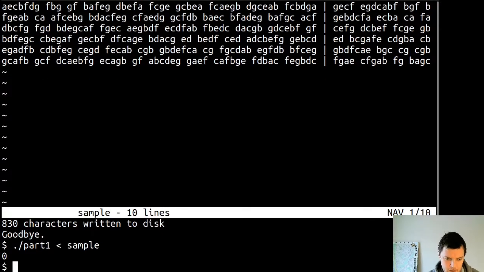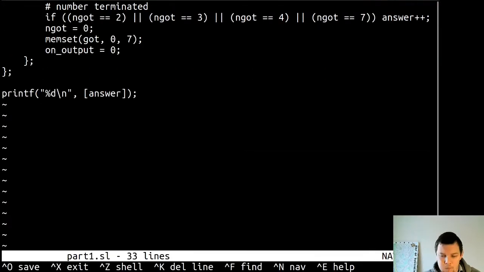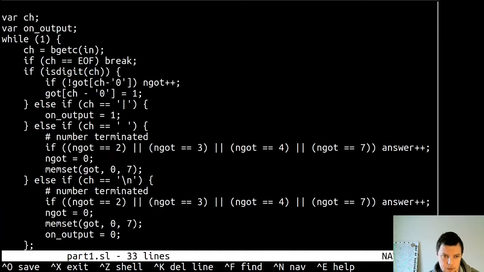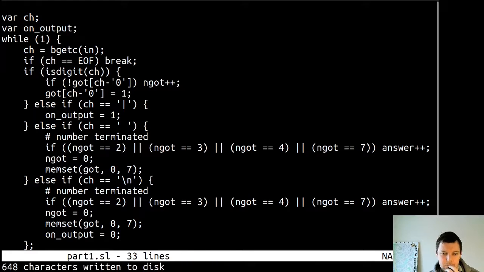Brilliant. Only if we're on output we want to do this.